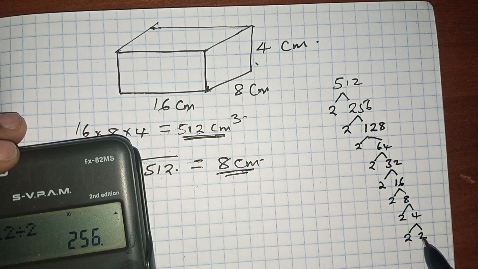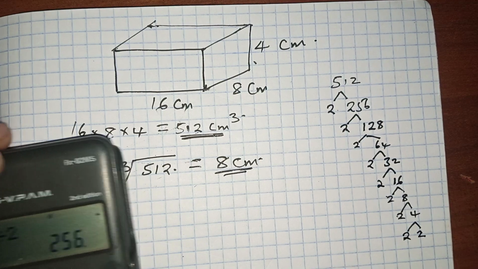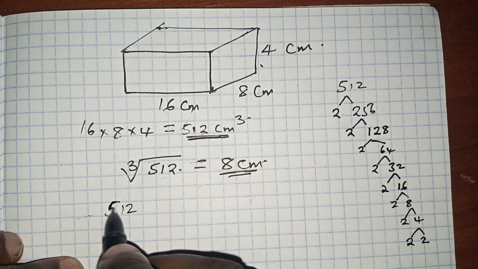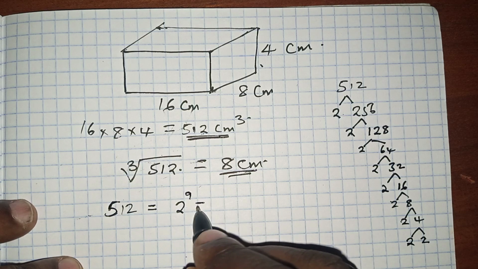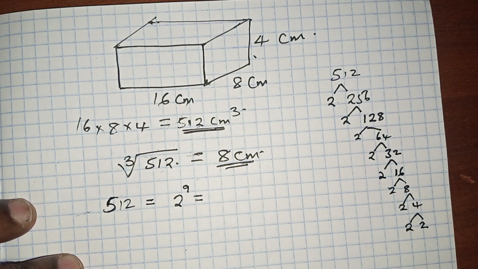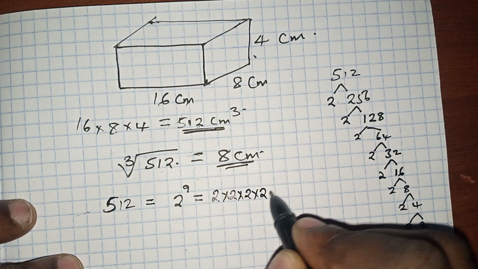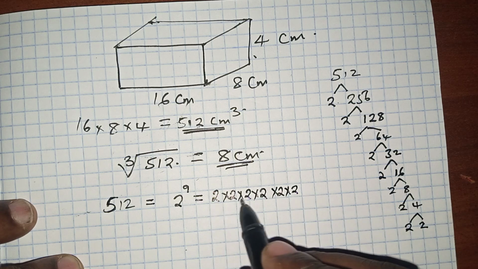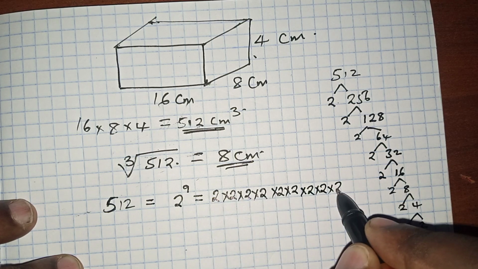And how many 2's? 1, 2, 3, 4, 5, 6, 7, 8, 9. In other words, what we're saying is that 512 is equal to 2 raised to power 9, which can be expanded as 2 times 2 times 2 times 2 times 2 times 2 times 2 times 2 times 2.